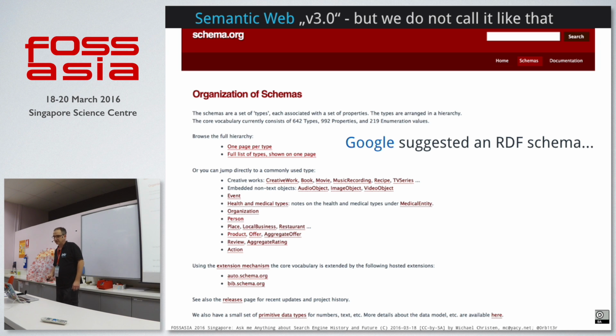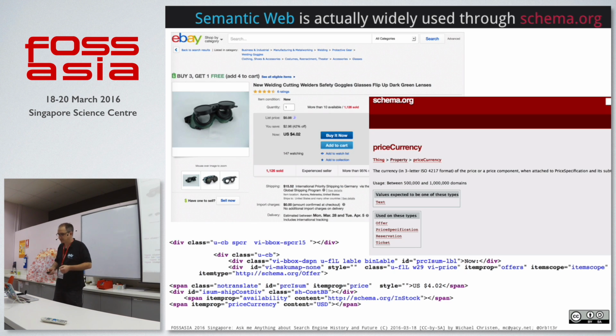Semantic Web goes on. Google discovered schema, a scheme where they used the RDF schema of the giant global graph to annotate specific content on web pages which is related, for example, to shopping. So eBay is using this. You have a language like price currency, and they put it into their HTML. So the setup is there.